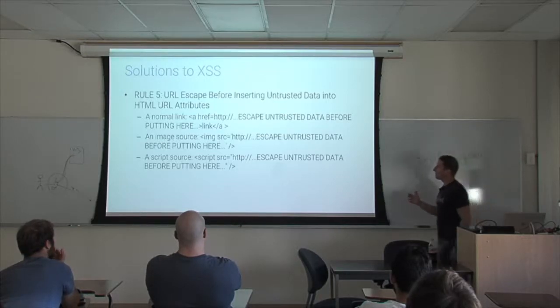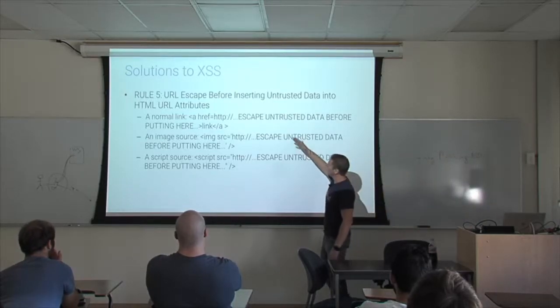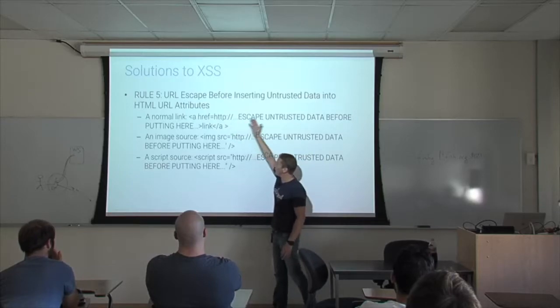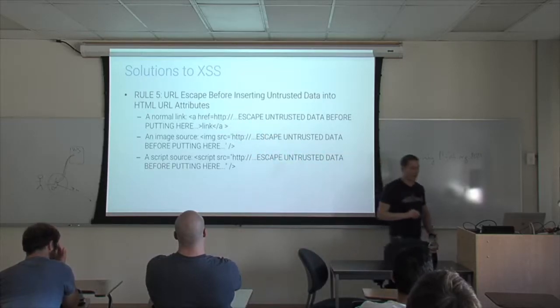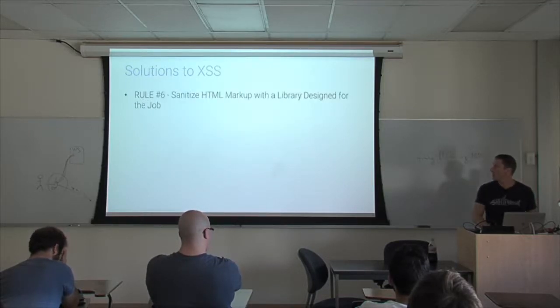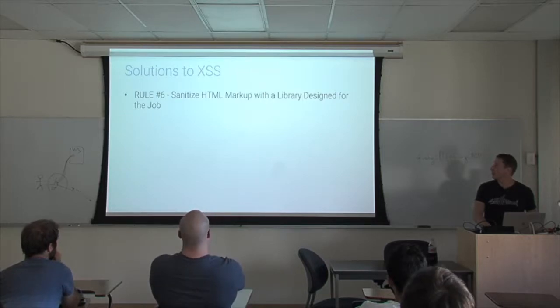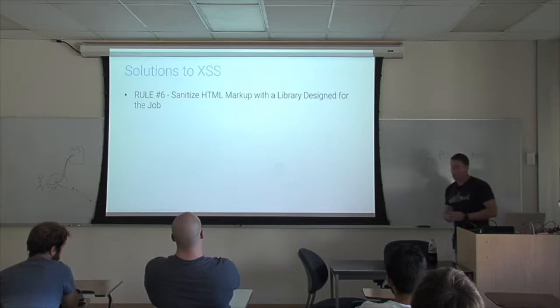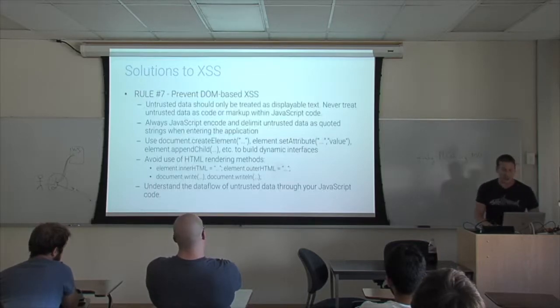URL escape before you put this in URL attributes like href and similar, because of course this can also escape into a JavaScript context. And sanitize HTML markup with a library designed for the job. Do not run your own sanitization system.